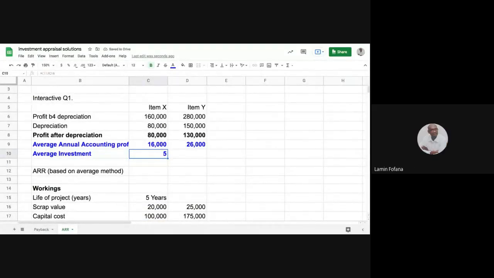Is this correct? Class, is this correct? No. It should not be correct. C15 should be. No, 15 years.